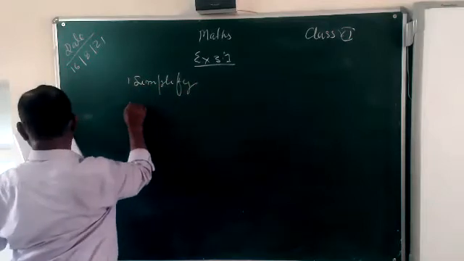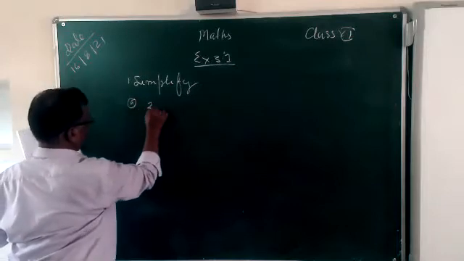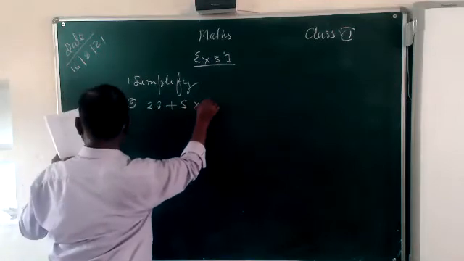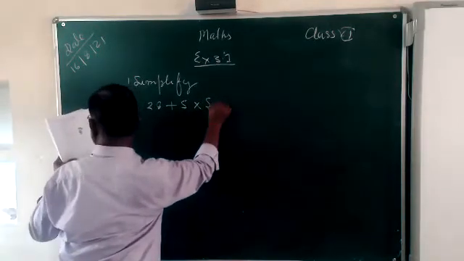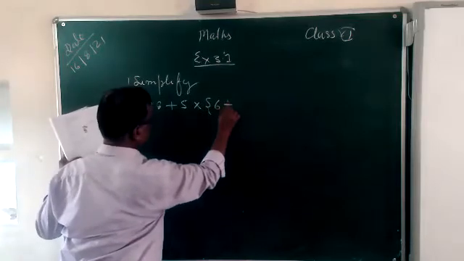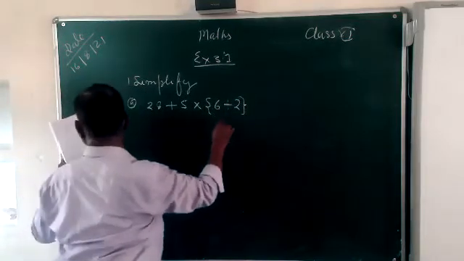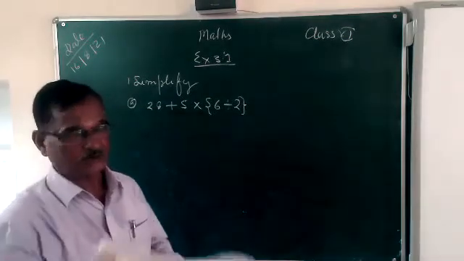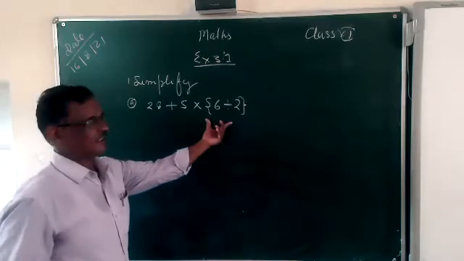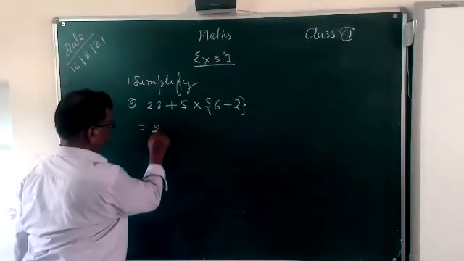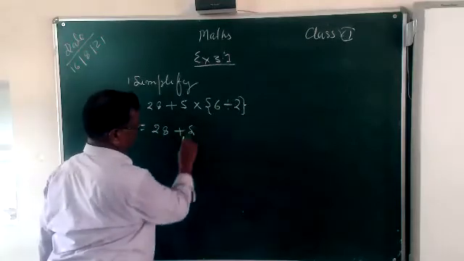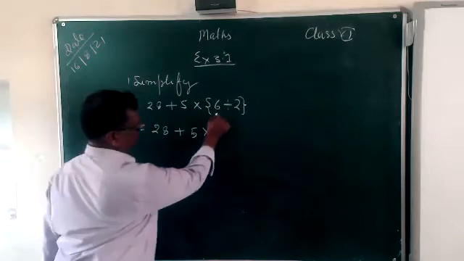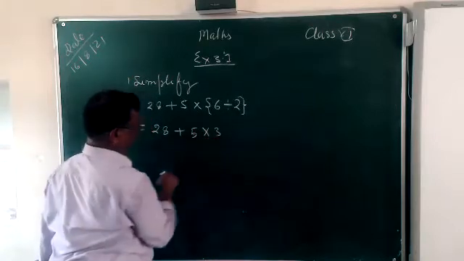Simplify 28 plus 5 into curly bracket 6 divided by 2. How can we solve this? First you remove the bracket, so that is 28 plus 5 into 6 divided by 2, which is 3.